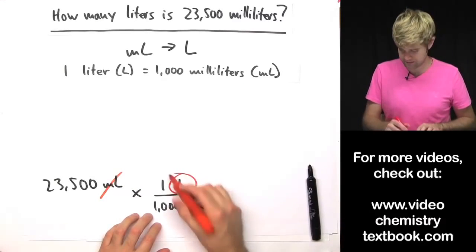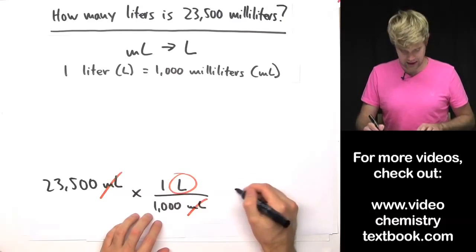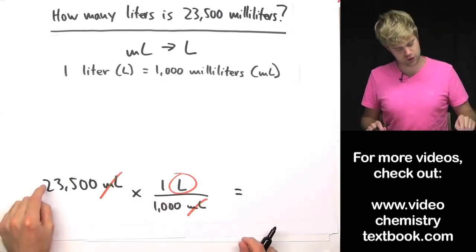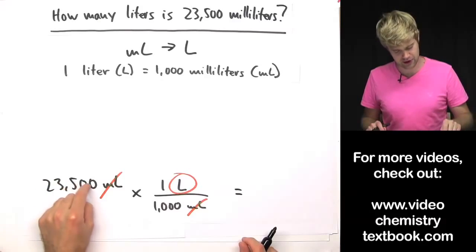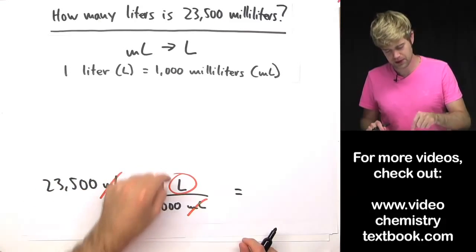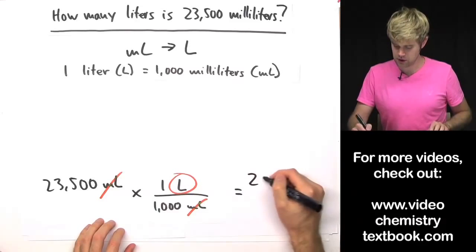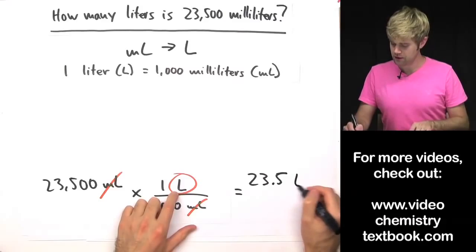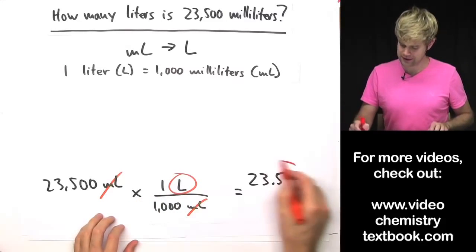Cancel, cancel. I'm left with liters. And I'm not even going to write it out because I think you're getting the hang of it. It's going to be 23,500 times 1 divided by 1,000, which is going to be 23.5. Final units are in liters.